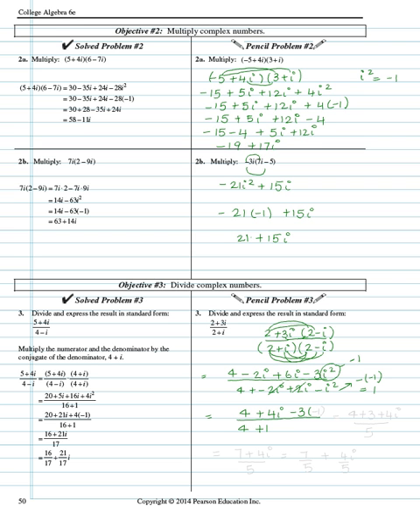Negative 3 times negative 1 is a positive 3. And 4 plus 3 plus 4i over 5. That would be 7 plus 4i over 5.